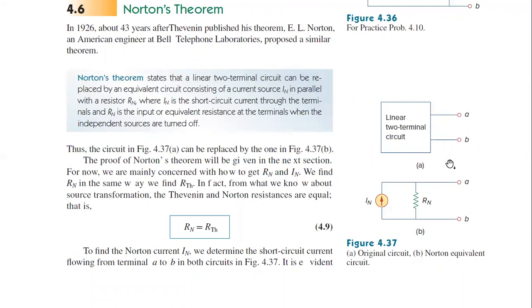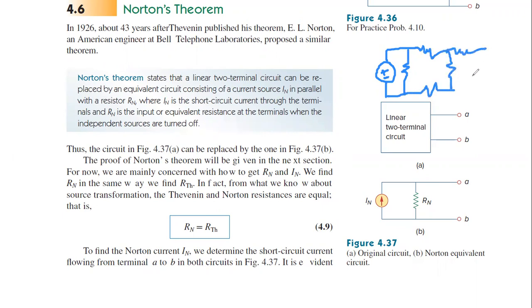If my load is like this, let me draw one diagram for you. If I have the circuit like this, plus and minus voltage, so resistance, resistance, resistance, and resistance.